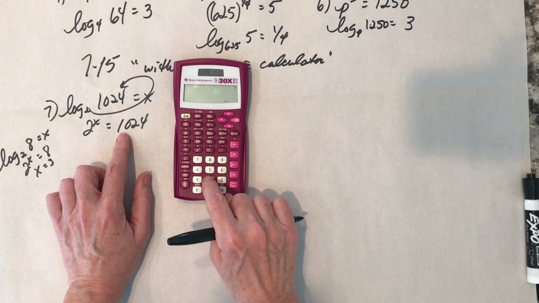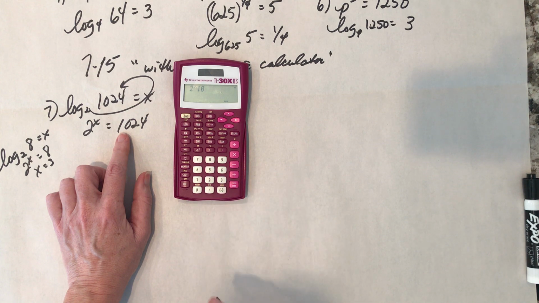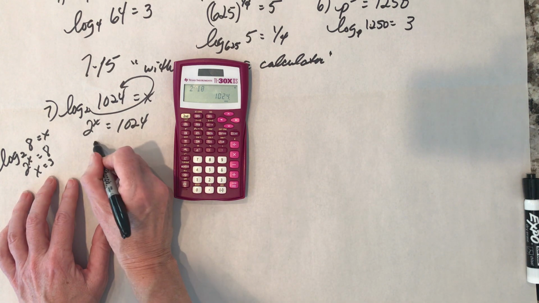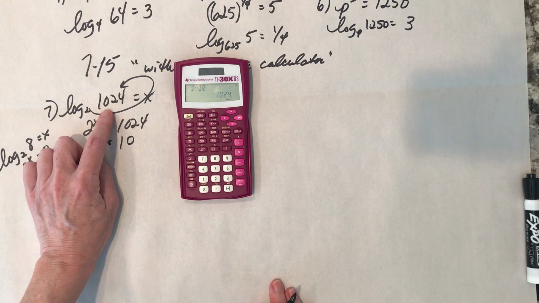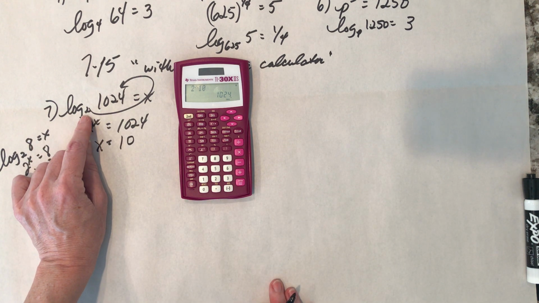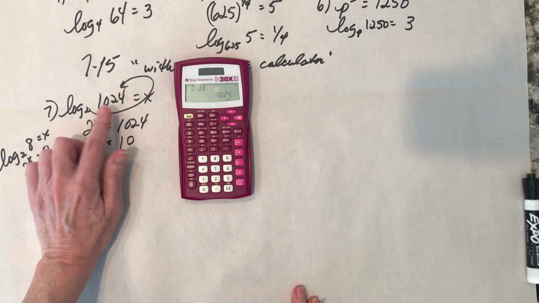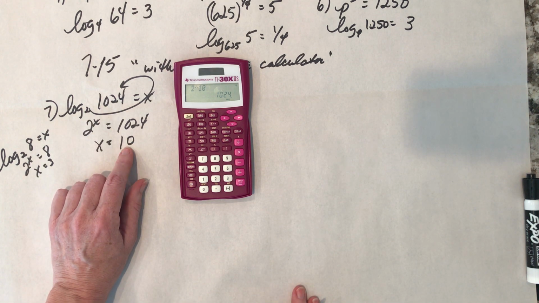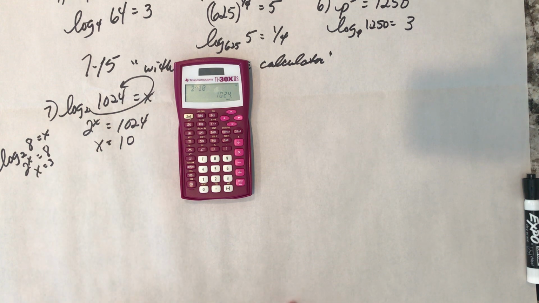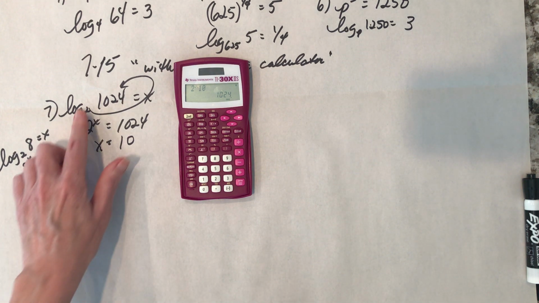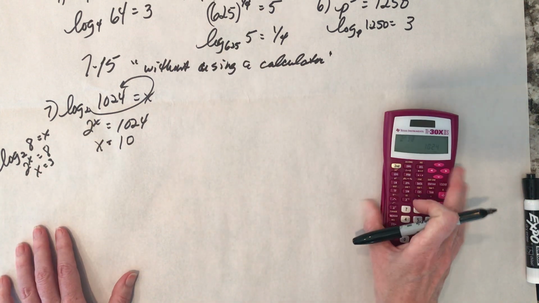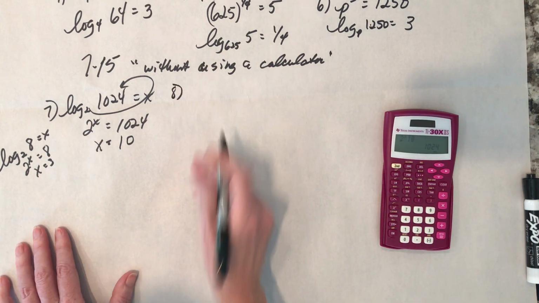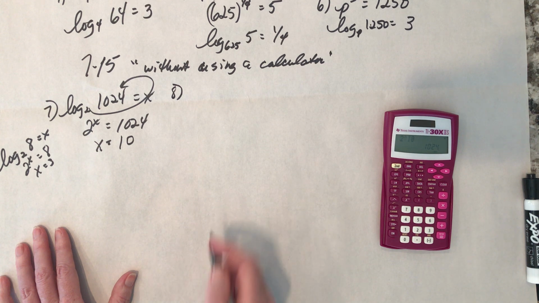So let's check that. 2 to the 10th is 1024. So x is 10. Log base 2 of 1024, what exponent do you have to lay onto 2 to make him be 1024? That would be a 10. And we use the calculator there. We don't know a way to figure this out without just hunting and guessing. We will figure a way in a couple of sections, but we don't know it now.